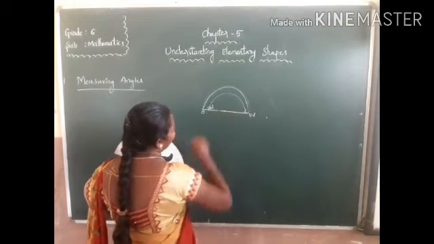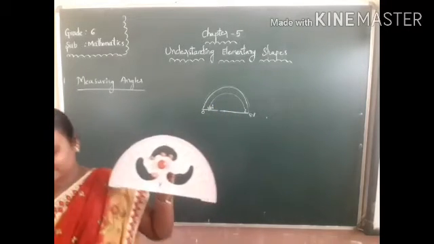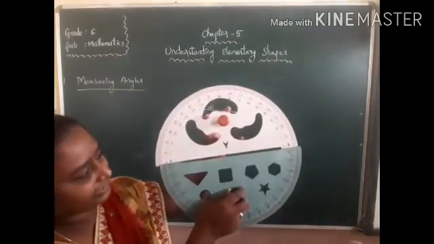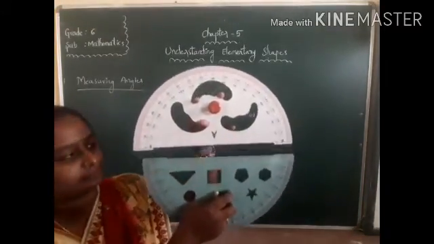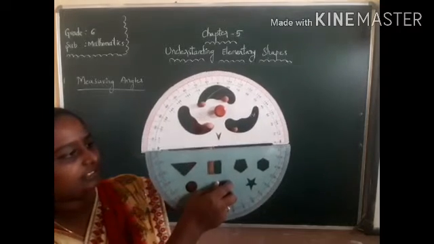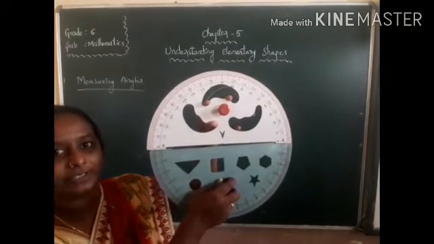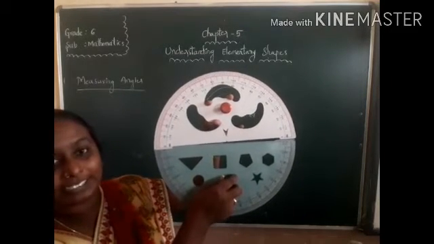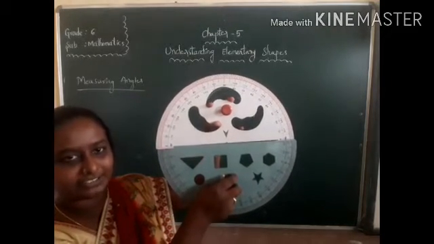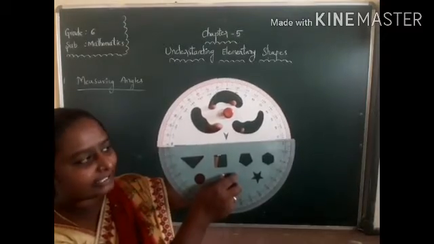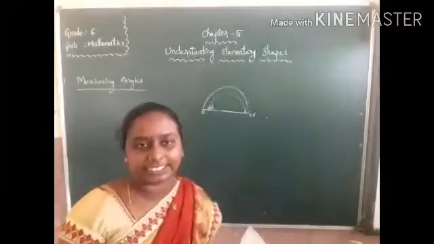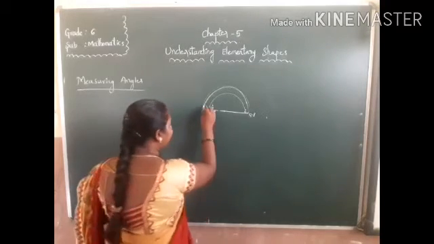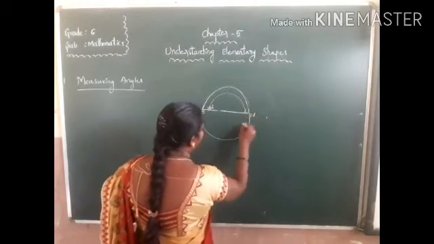If I join one more protractor here, are you watching this? Yes, it forms one complete revolution. One complete revolution forms how many degrees? 360 degrees.